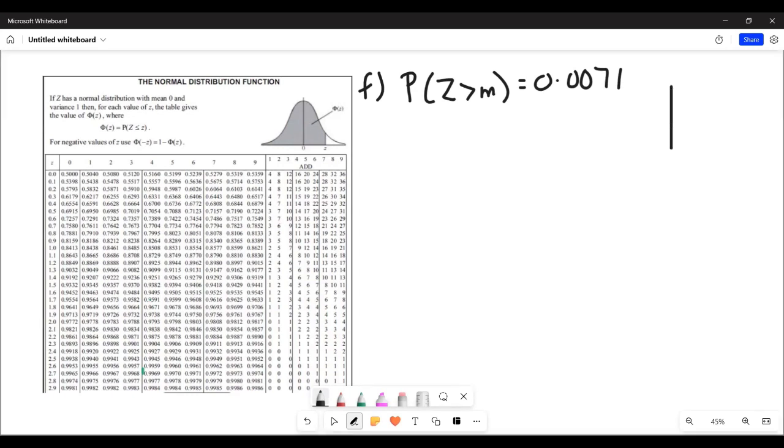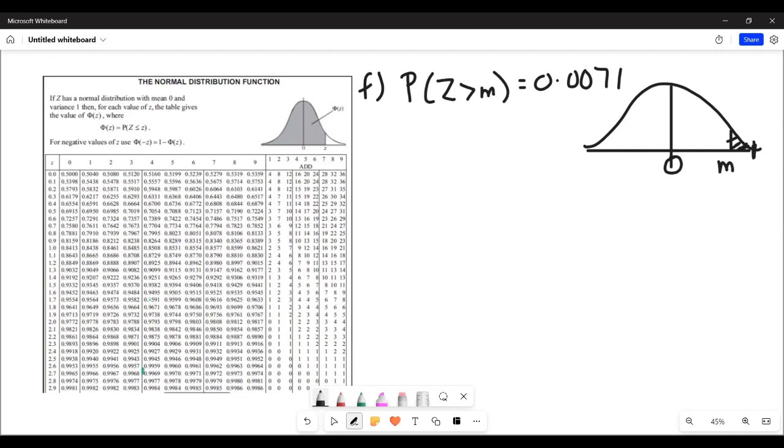Let's see. Going to draw the distribution. No, it's 0 here. Okay. Z is greater than m is a small number, 0.0071. So it should be somewhere over here, very close to this end. So m is some positive value.